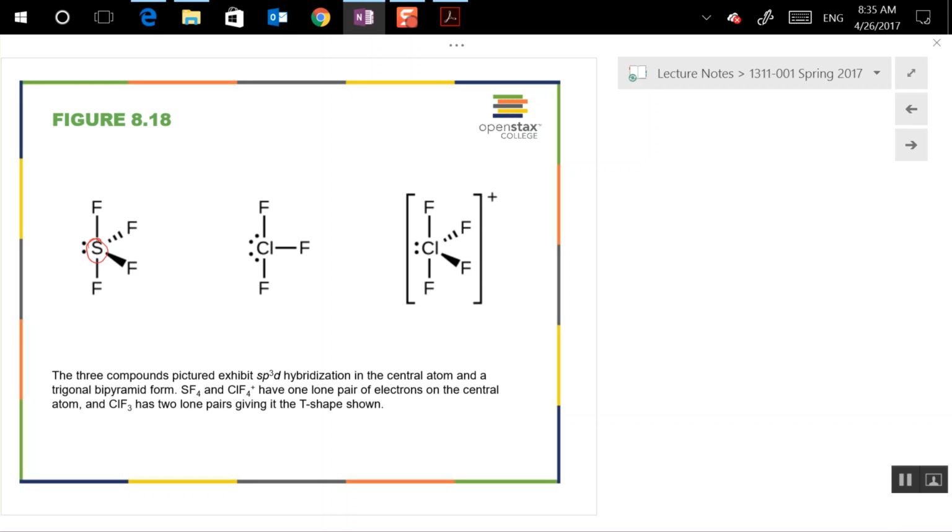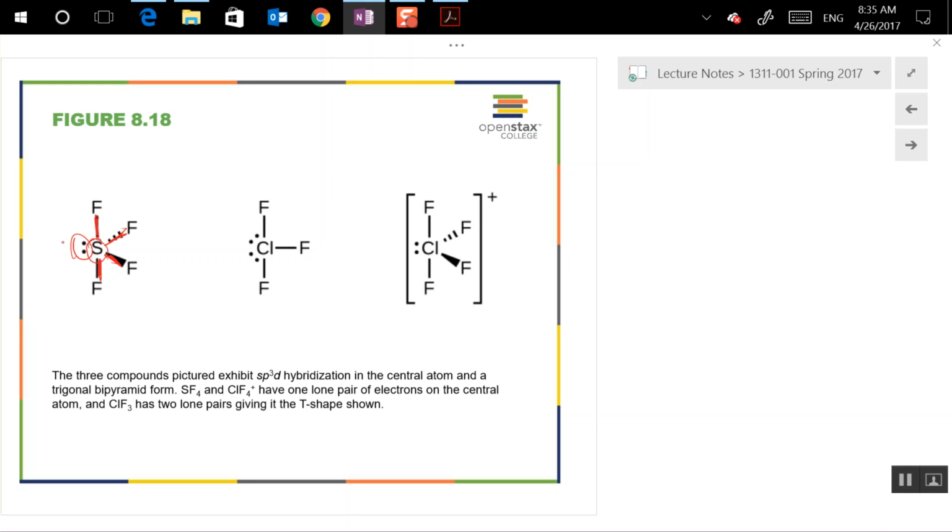I have 4 sigma bonds, right? 1, 2, 3, 4 sigmas. And how many lone pairs? 1. So what is its hybrid state? 4 sigmas, 1 lone pair. How many hybridized orbitals do I have? I have 5.